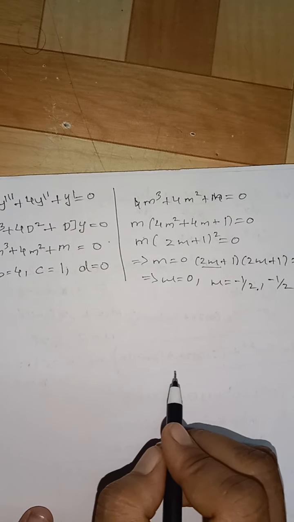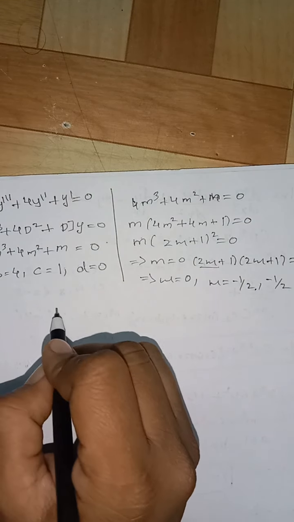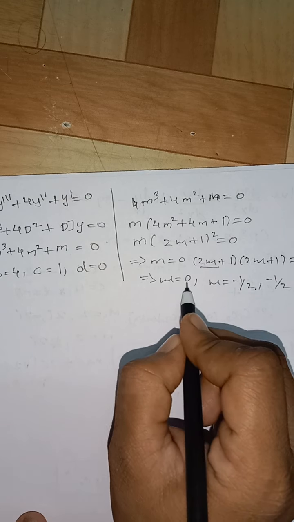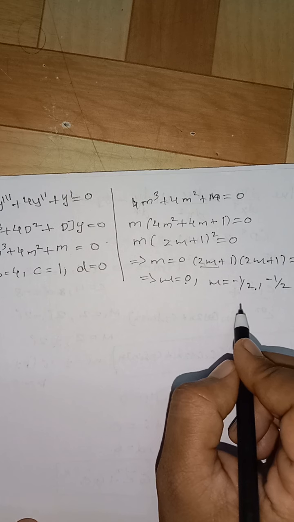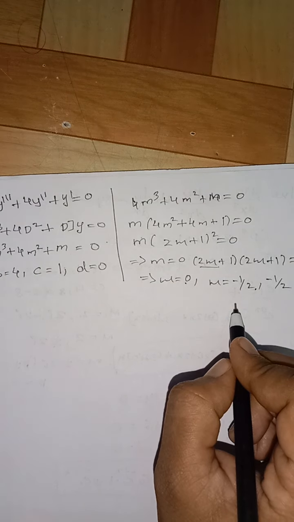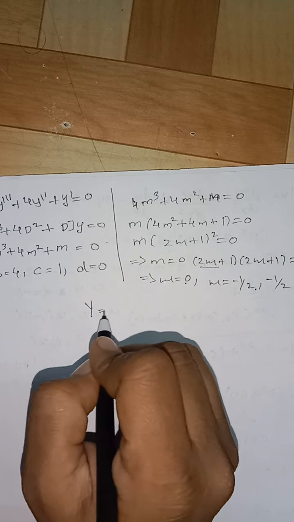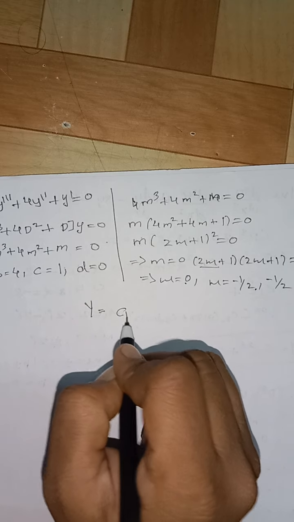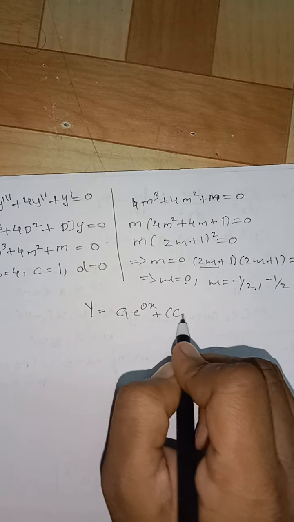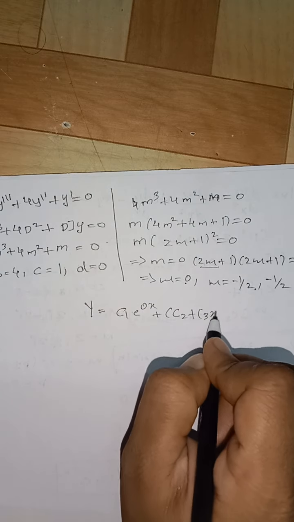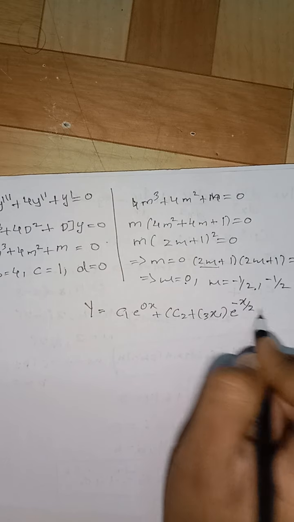Therefore, with respect to this, let me write the complementary function. The roots are real: the first root 0 is real and minus 1 by 2 is repeated. So y equals to c1 into e raised to 0x plus (c2 plus c3x) into e raised to minus x by 2.